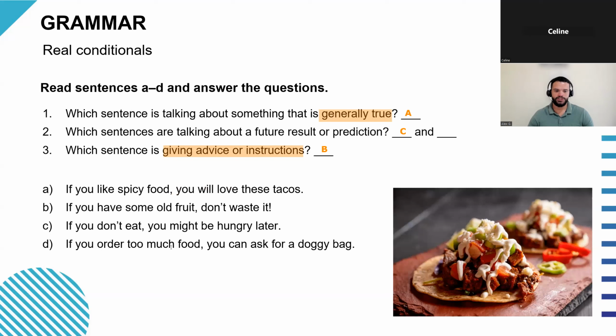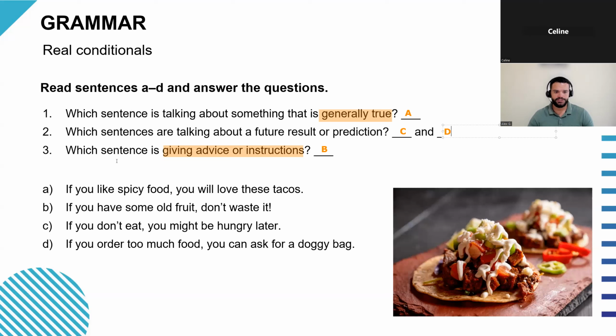If you order too much food, you can ask for a doggy bag. If you order too much food, I guess it could be. This one could be D as well, okay?